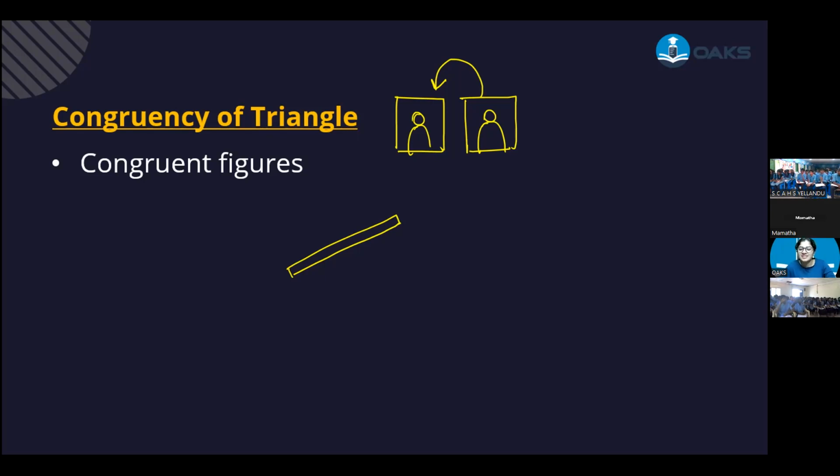Somebody said coins. So all the 1 rupee coins are congruent to each other. All the 2 rupee coins are congruent to each other. All the 5 rupee coins are congruent to each other. In a similar way, we have all the money in terms of notes also, coins and notes. Great, great. Whosoever has told me.